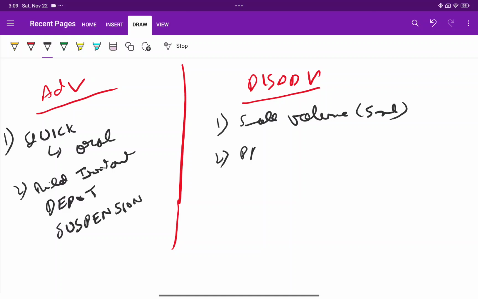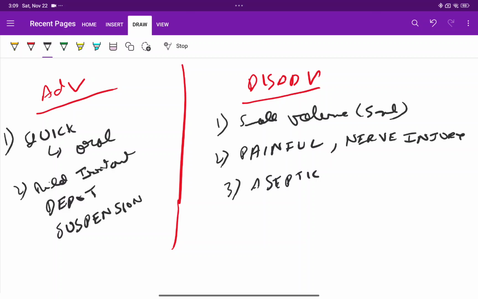Second, it is painful. Other disadvantages: it needs aseptic conditions, and there is a risk of nerve damage, nerve injury to the patient. So these are the disadvantages.